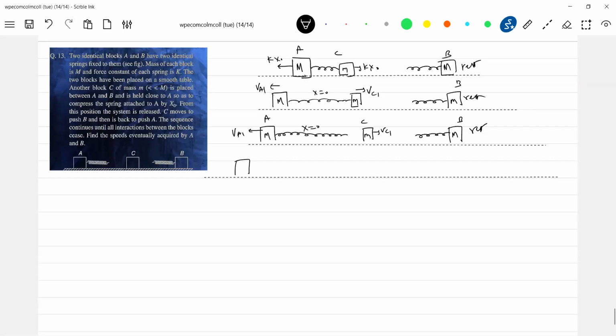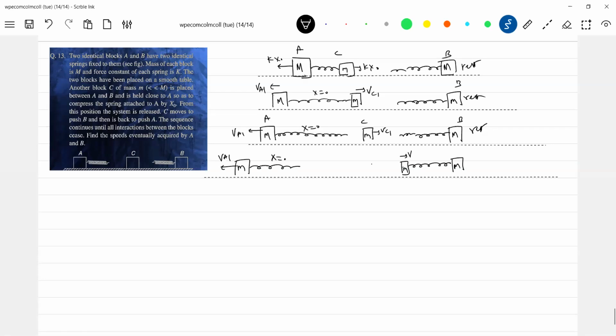This will continue to move and strike. Maximum compression occurs. Where they'll be in compression.